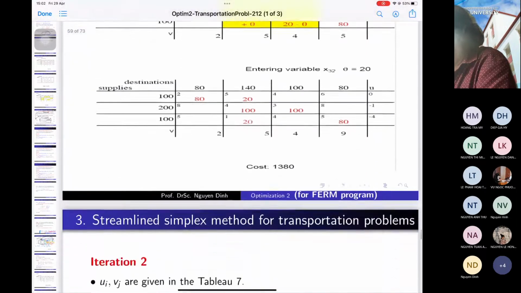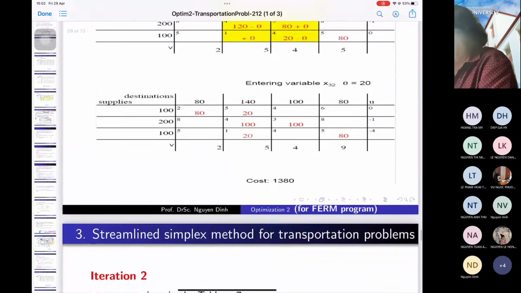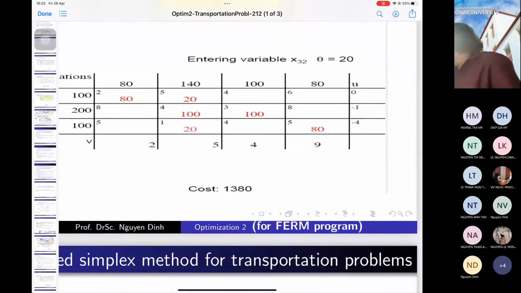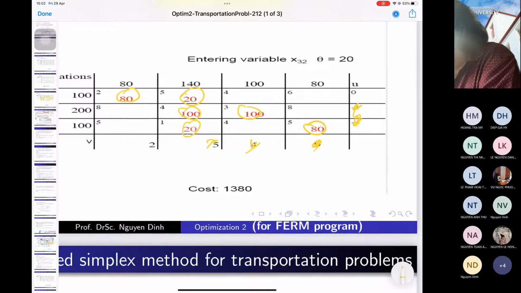But take a look at something here. Look at this table, and we find out Ui and Vj. The selected cell here is this. Selected cell here, this. Is that okay? Suppose that we never know this one. We just know U1 is 0.